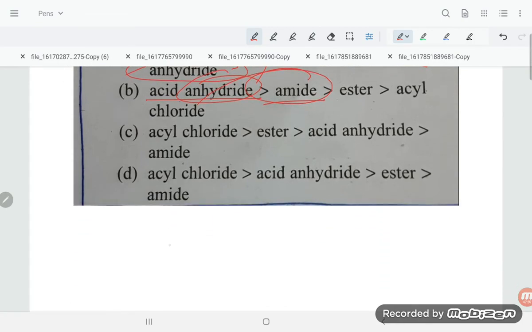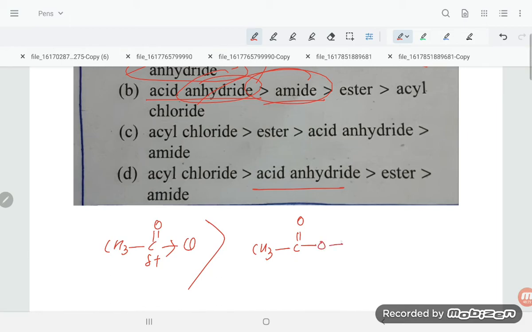If you see acid chloride, student, CH3 C double bond OCl has an electropositive center, because the electron is moving here, so it will be positive. Acid anhydride, if you see, CH3 C double bond O and again O C double bond O, so it is also electron withdrawing, so it will be a positive center.